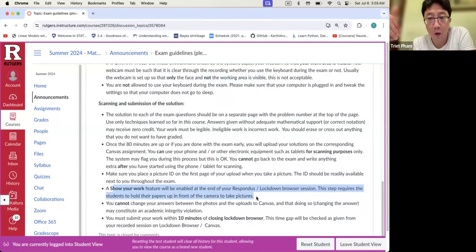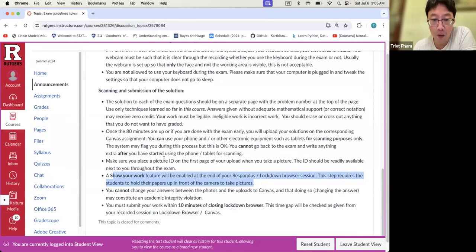What this will be used for, and by the way, the formula sheet also counts here, is to correlate with your submission to make sure that your submission is the same as what you show after you're done with your exam. Okay, so if you add anything extra, the show your work step will catch that. Or in other words, you cannot skip the show your work step. Okay, this will be checked on the recording.